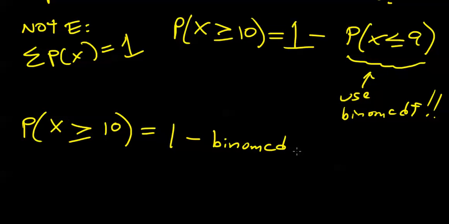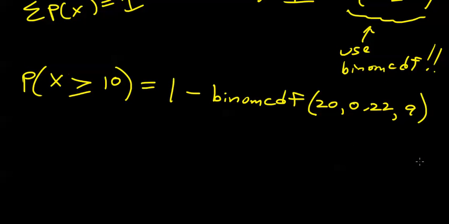So I'll do binomial CDF, not PDF, CDF, and put in my above mentioned parameters, 20, .22, and 9. The calculator would automatically add up all the probabilities for values of x less than or equal to 9.